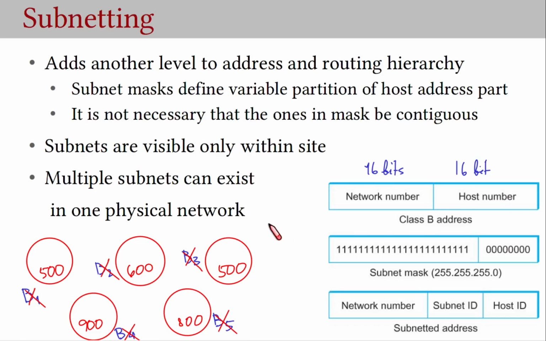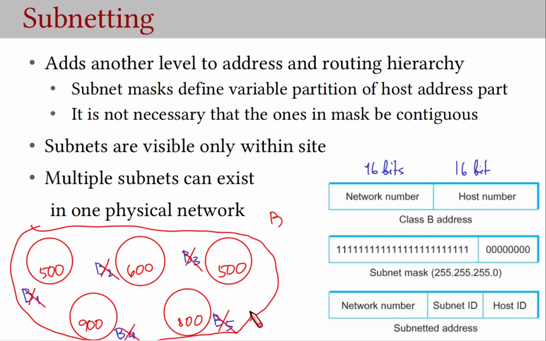And so we just allocate one class B address to this entire campus, and from that address pool, every school is assigned a few class C addresses, right? And that's accomplished using subnetting. So subnetting adds another hierarchy. We already remember we had this hierarchy of a network number and a host number. Now we add another hierarchy where the host number is broken into subnet ID and host ID.